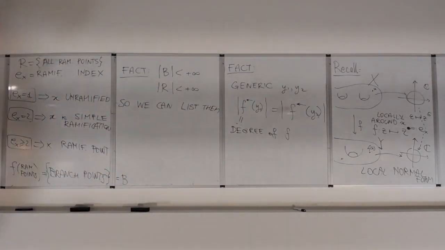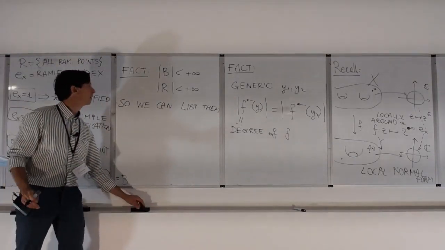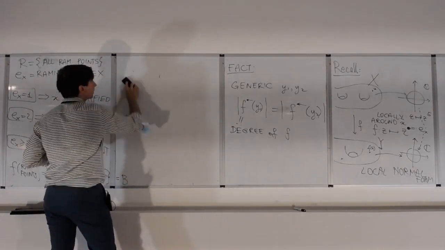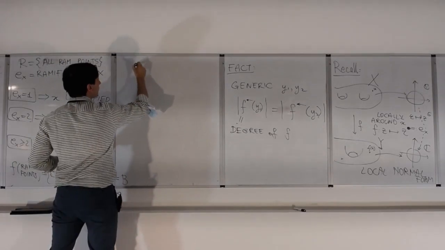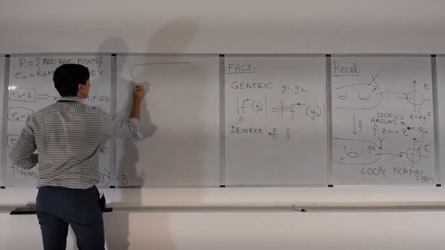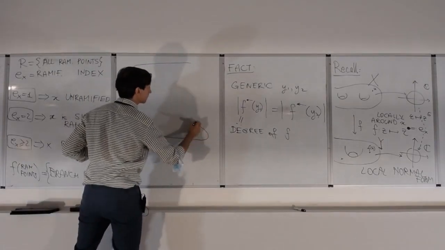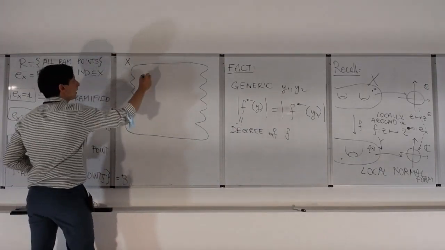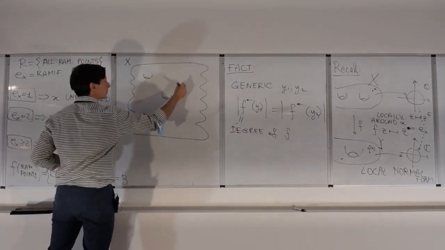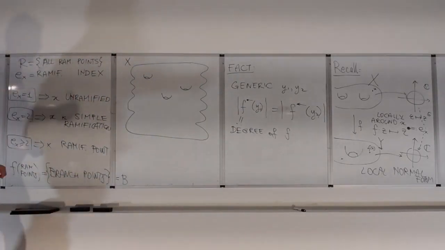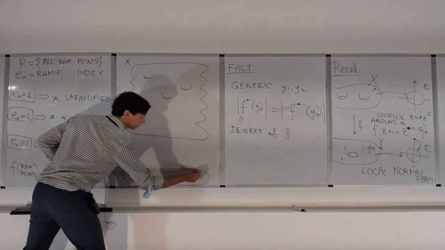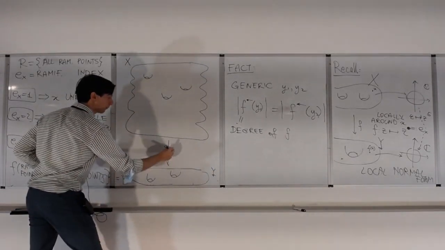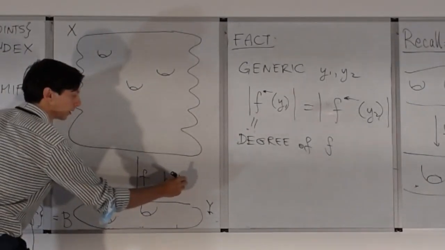So now you can see the picture is a little bit like that. You have some surface upstairs, and this is my x, and I have some genus. And downstairs I also have some genus. This is my y. And I want to look at maps f which are holomorphic between two Riemann surfaces.